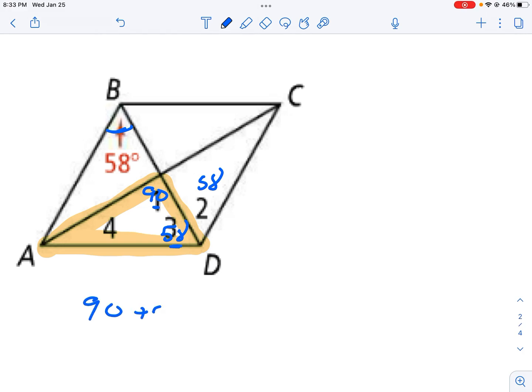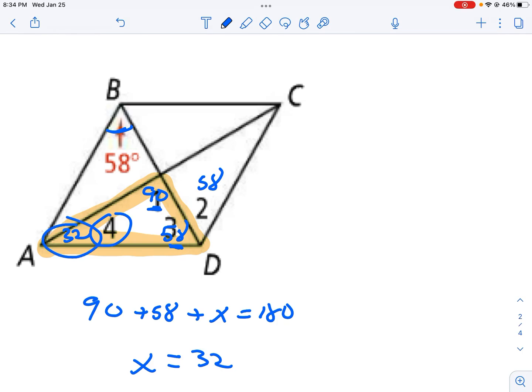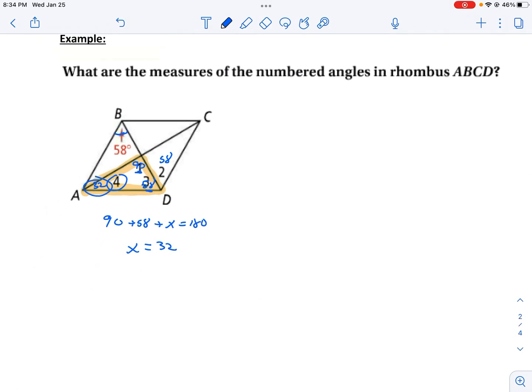So 90 plus 58 plus, we'll call that x, angle 4, x has to equal 180. When I add these all up and subtract to find x, x equals 32. So this angle measurement right here is 32 because I did 90 plus 58, subtracted that from 180, and was left with 32 degrees.